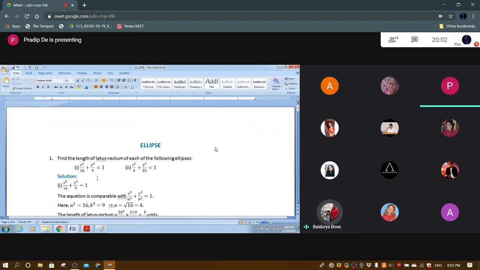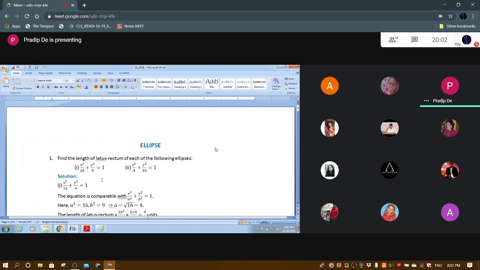Along the x-axis, a greater than b, because the denominator of x square is larger. x square upon 16, x square has the larger number. y square has the smaller number. So 16 is more than 9. That means a squared is 16 and b squared is 9. That means the major axis lies along the x-axis.